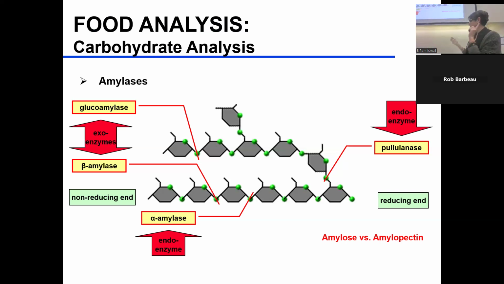Now, one thing I want you to remember, which will come back later, is that beta amylase and pullulanase only work on gelatinized starch. They cannot hydrolyze raw starch, or retrograded starch; they cannot act on resistant starch.